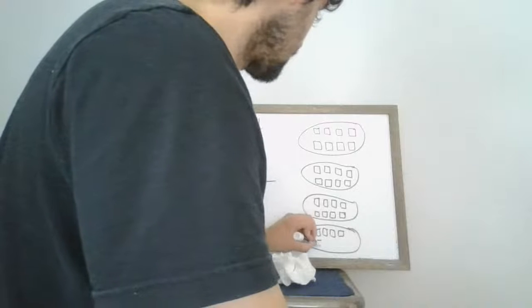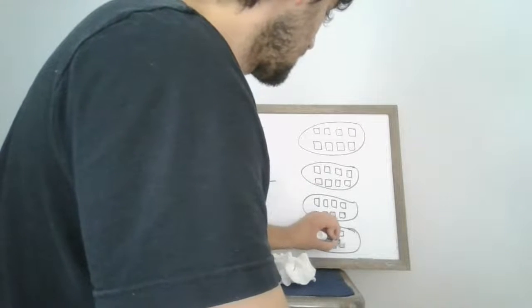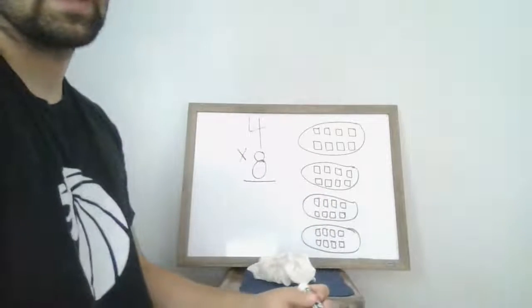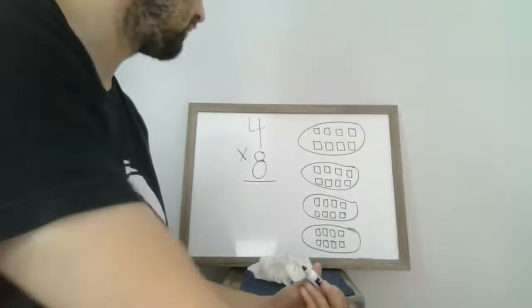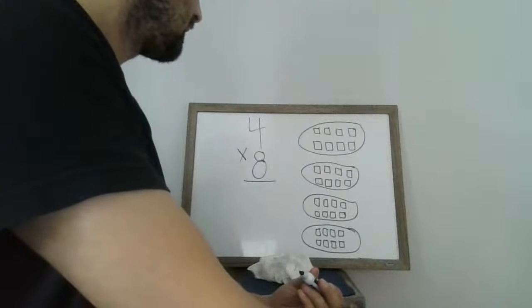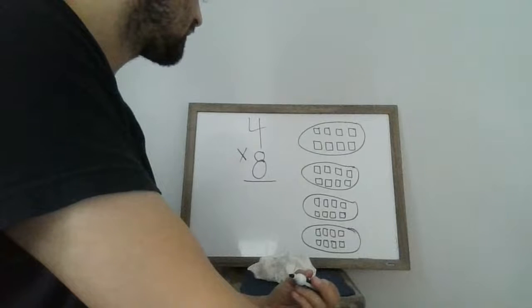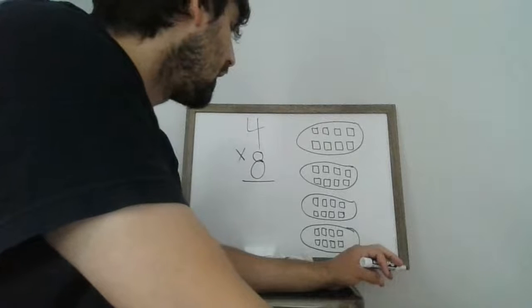So I now have 4 circles and 8 squares in each circle. So now I'm going to count the total number of squares, and I'll have my answer. So 4 groups, 8 squares in each group, and now I'm going to count the total number of squares.